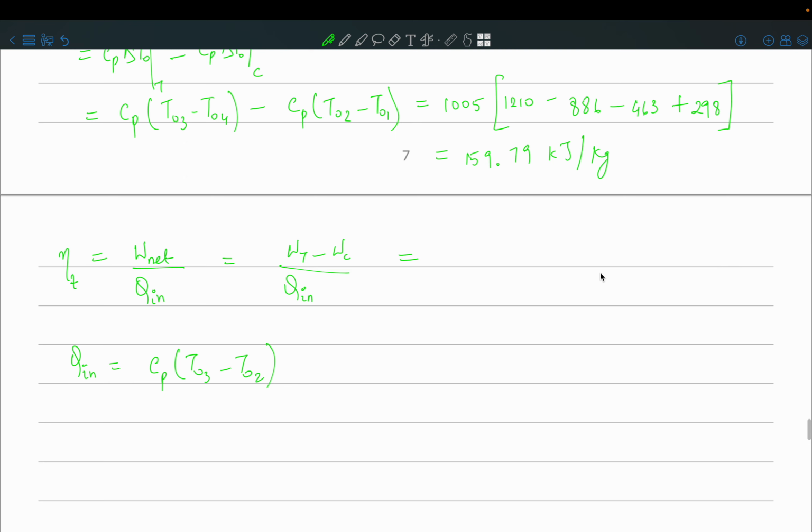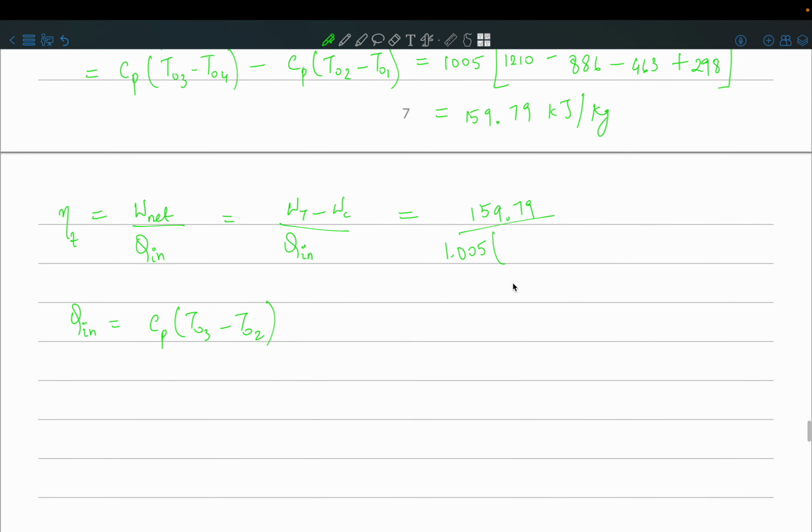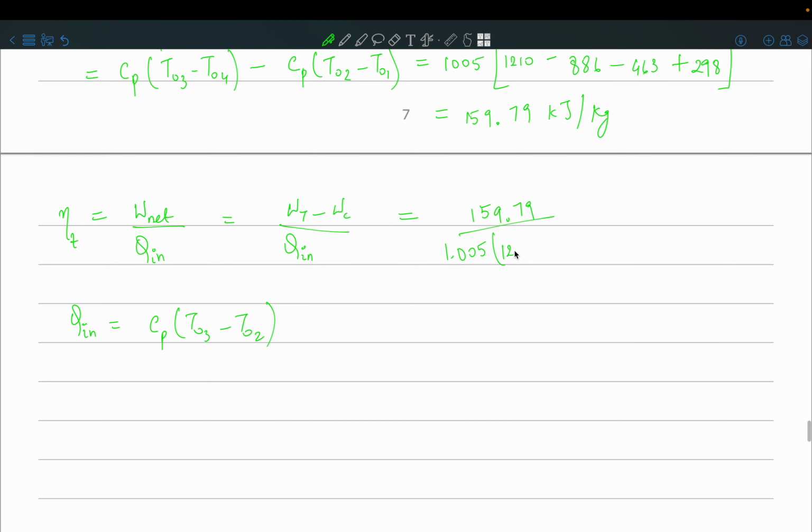No, work net we have already calculated, that is 159.79. No, that's not the answer that I have. Anyone else has any other answer? So what is T03 that you will put here? 1210 Kelvin minus T02.